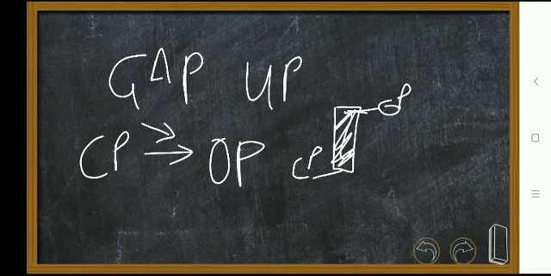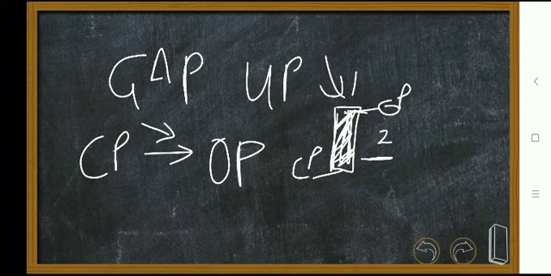A gap up may be found in a bearish trend. So right now this is a bearish candle, right? Let's say we are in a bearish trend. This was the previous candle, candle 1. For the current candle, which will be candle 2, you find that the opening price is higher than the closing price of the previous candle.